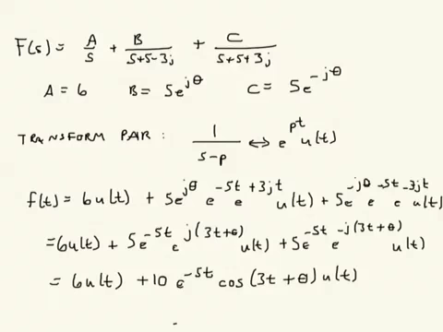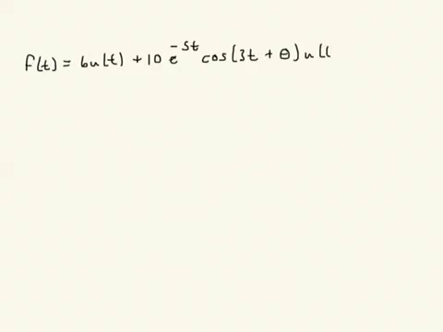So we can summarize this as f of t is equal to 6u of t plus 10e to the minus 5t cosine of 3t plus theta, u of t, where theta is equal to tangent inverse of 4 over minus 3.